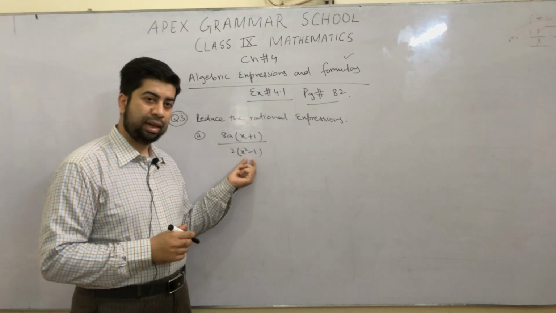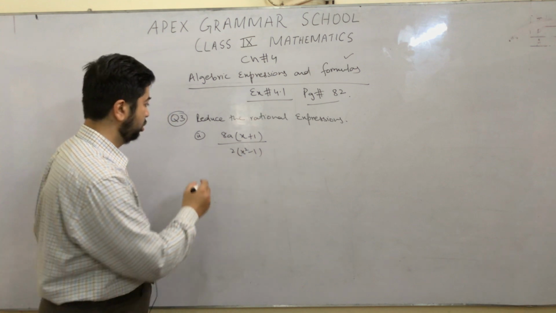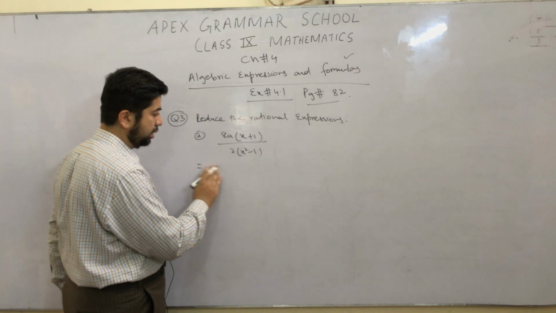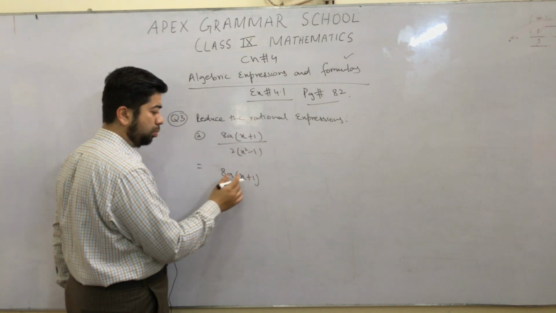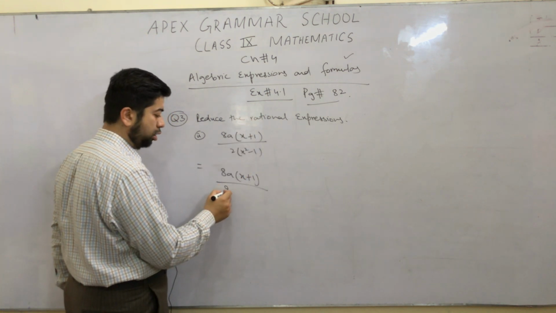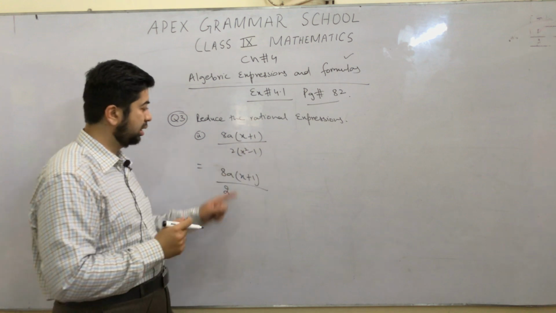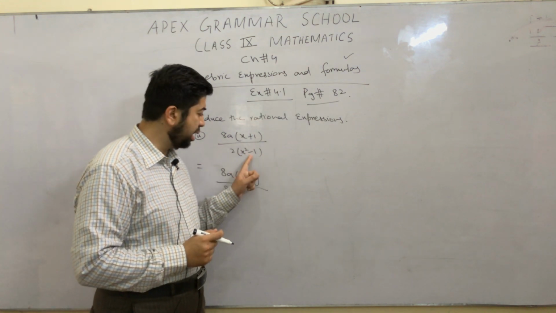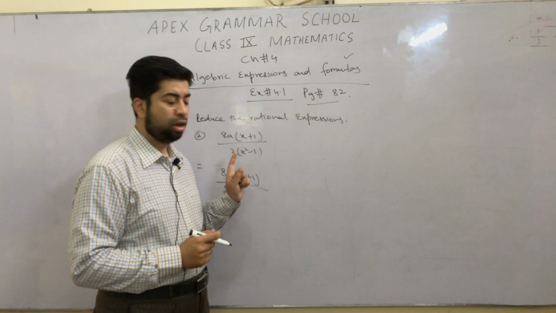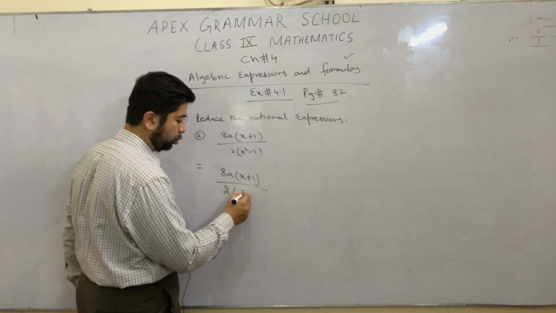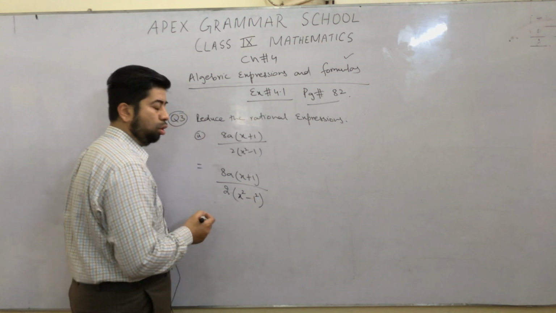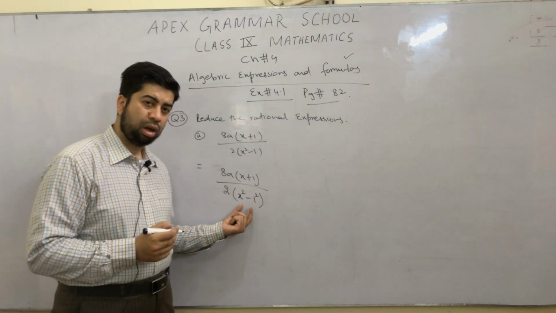Here you can see that this formula is going to open. So 8a x plus 1. Here no formula applies, and in denominator 2. Here you can see x square and minus sign, and after that 1. You can see that 1 is also square of 1, so we can write it now x square minus 1 square.